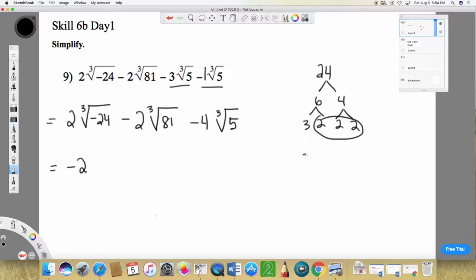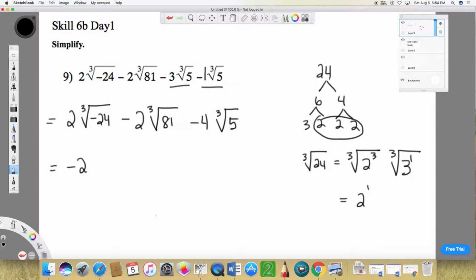So I know that the cube root of 24 is the same thing as the cube root of 2 raised to the third power times the cube root of 3 to the first power, because there's just a single factor of 3 right there. Well, when you have one group for this index, that base right there, the 2, comes out.